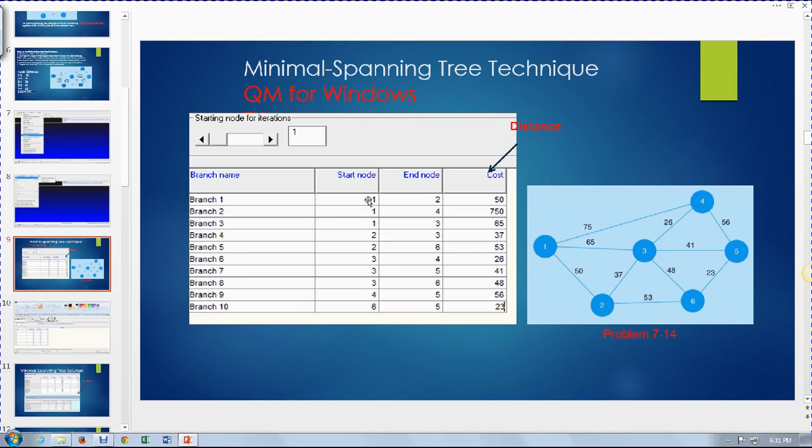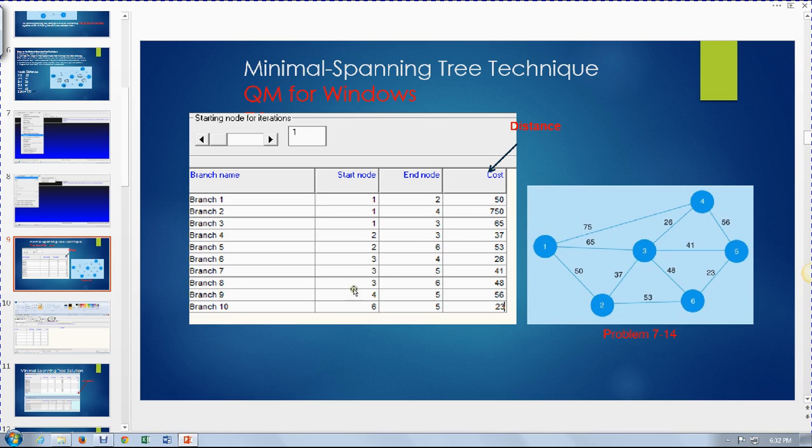We need to indicate the start and end node, like 1 goes to node number 2, number 3, and number 4. They're here. And we have to put the values in. This happens to say costs, but actually, in this case, it's distance. And that 750 that you see right here, by the way, is incorrect. It should be 75.